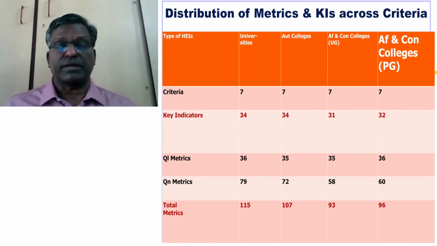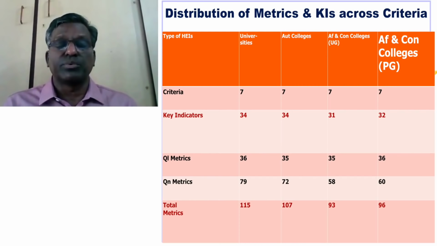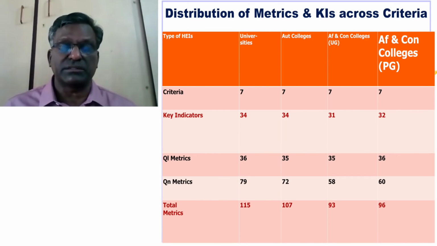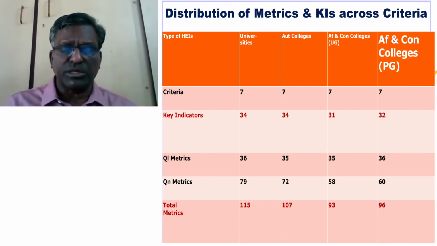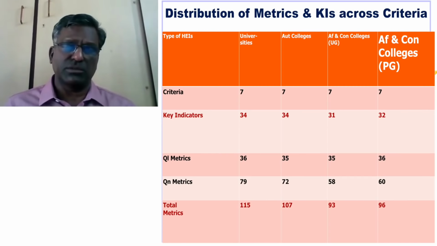Now, you are familiar with the term criteria, 7 criteria. Key indicators are the ones that constitute a particular criterion. A particular criterion is broken up into different components, and they are the key indicators. So you would like to ask me, what are qualitative metrics and what are quantitative metrics? Now look at the word quantitative. Data, figures, facts.